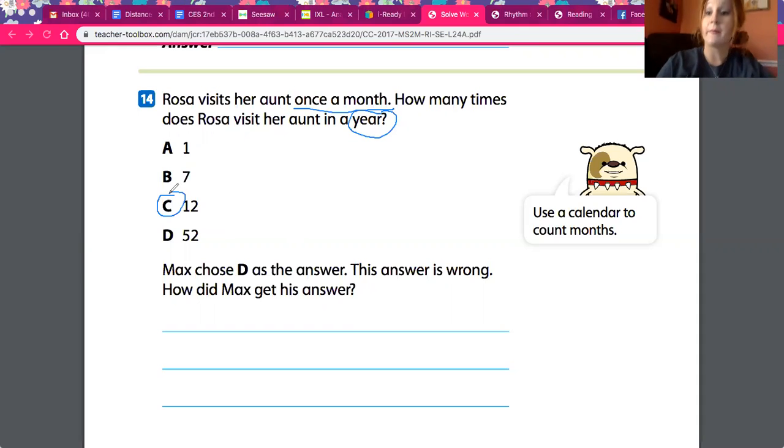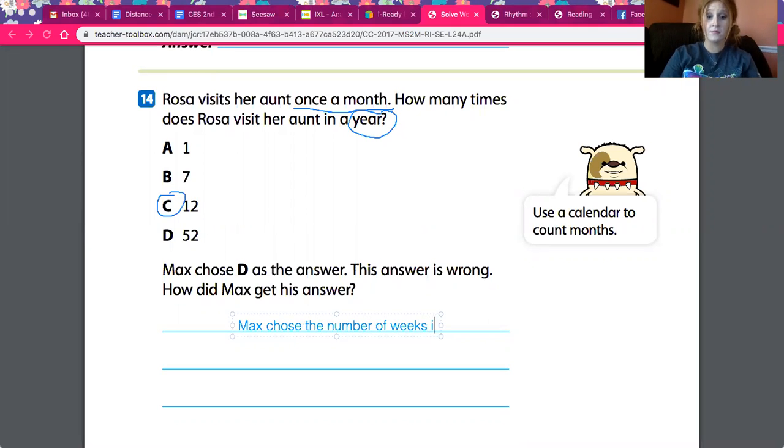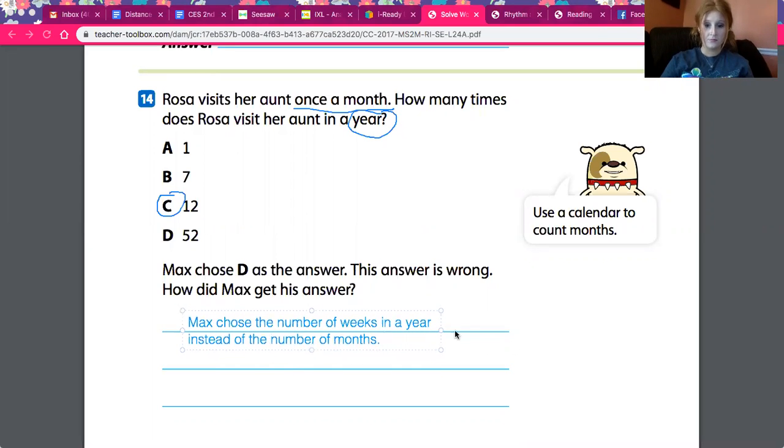He chose the number of weeks in a year instead of the number of months. That is how he got that answer.